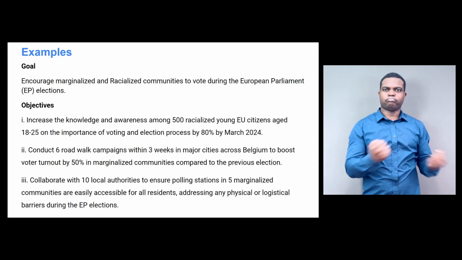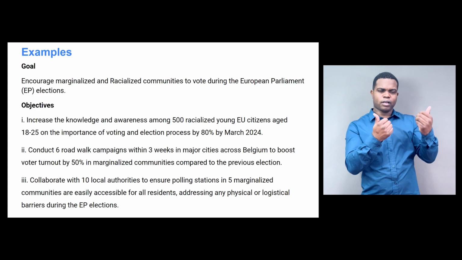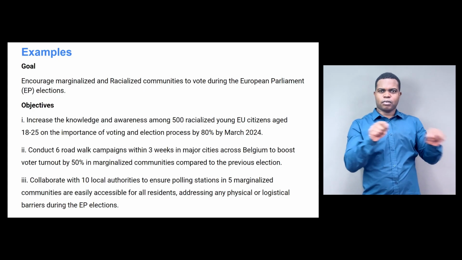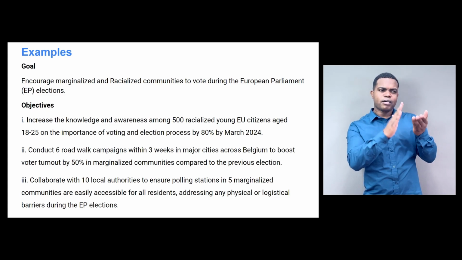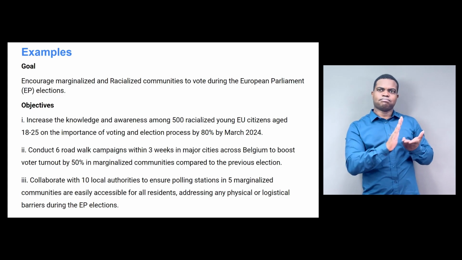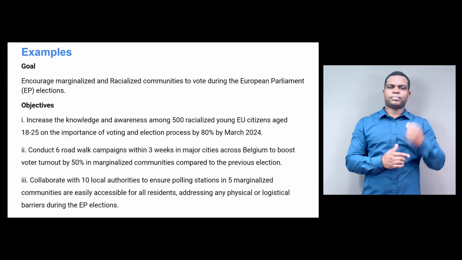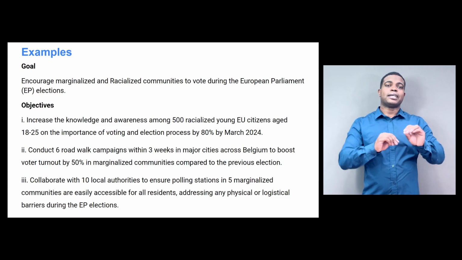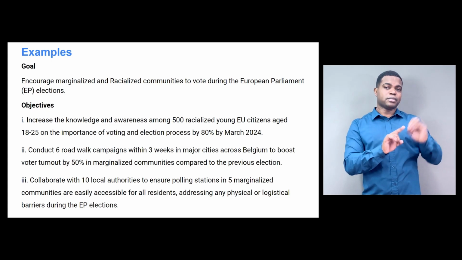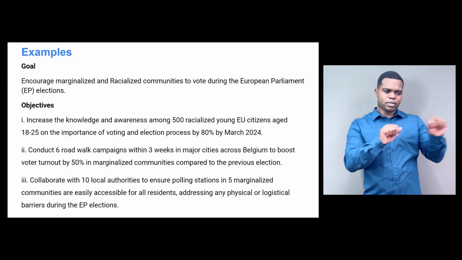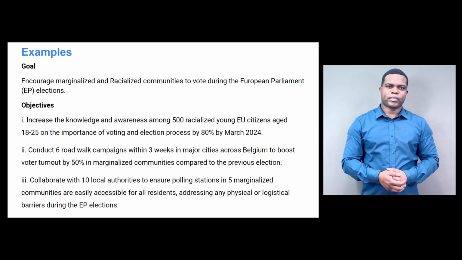That means before you start the activity, you need to measure the level of knowledge and awareness and compare it with after you have started. If you are able to increase it by 80%, then that means you have actually achieved your objective. So you need to have an objective that is measurable. So this 80% here is the indicator that you can use to measure your outcome.